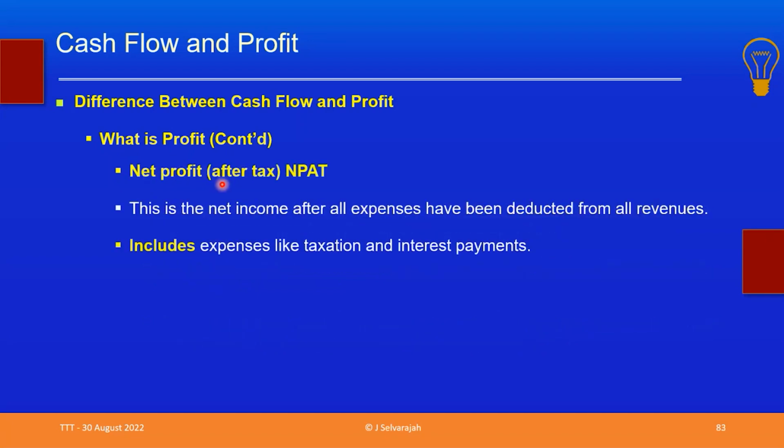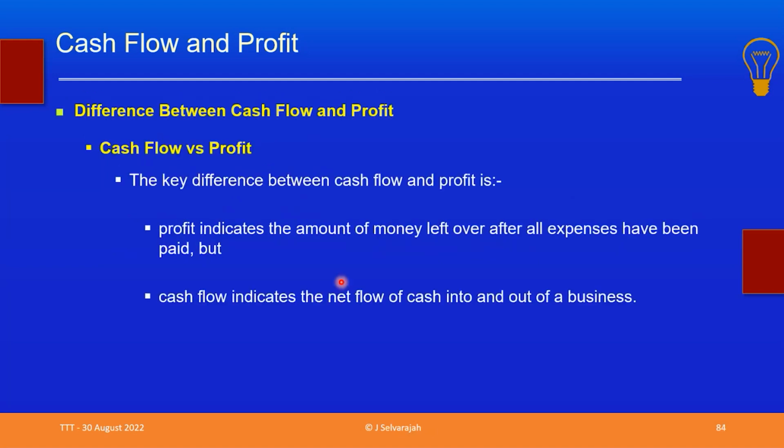Net profit after tax, or NPAT, as we normally say, is net income after all expenses have been deducted. It includes expenses like taxation and interest expenses, everything in there. Cash flow versus profit: what is the difference?